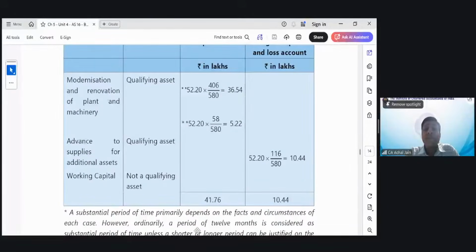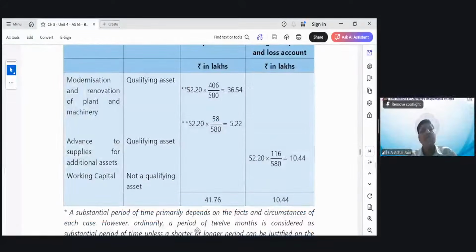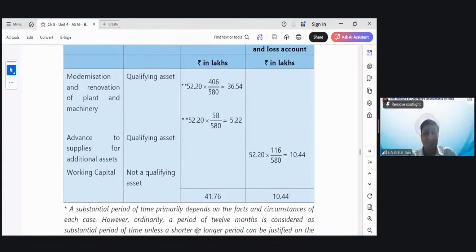But the total interest is already computed for us. Can we compute the amounts for these expenditures? No, because the rate of interest is not given to us. So how can you compute the interest? On a proportionate basis. So we can say that 52 is the total interest.